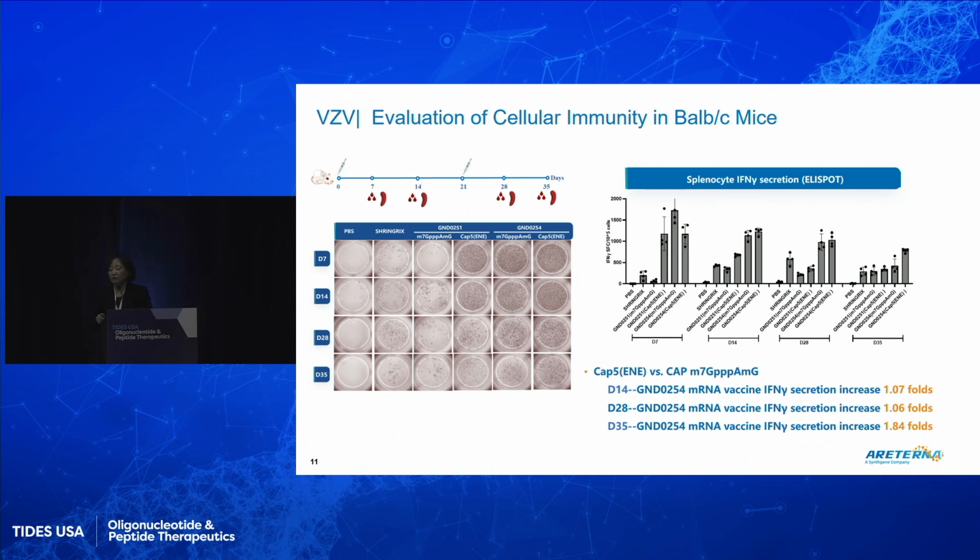The second 2 are 251 construct with GAG Cap5, and then the second construct with GAG Cap5. And if you look at day 35, again, you see a similar pattern. So clearly the 254 construct outperforms 251, and Cap5 outperforms GAG.